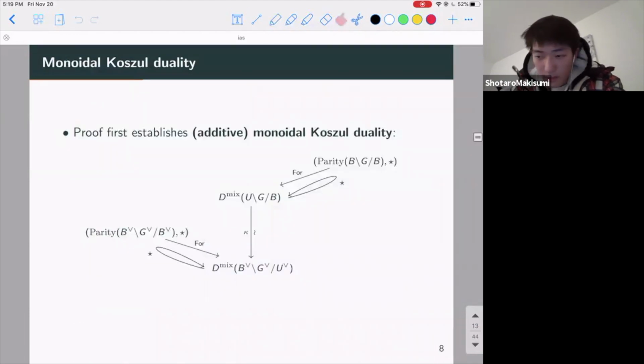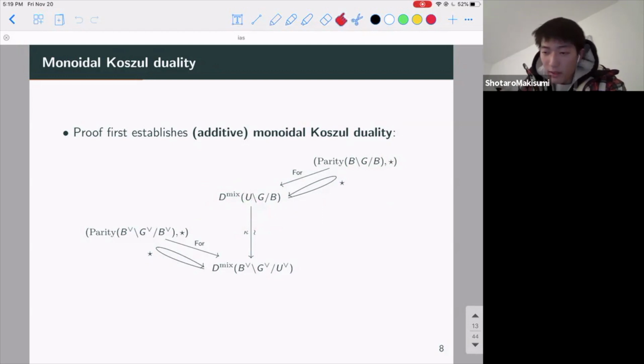But I actually wanted to explain the monoidal version of this. So here's how you might motivate such a thing. On the top here is the same diagram from before. Here's the, well, this is the additive version of the Hecke category, acting on the right by convolution on the B-constructible version.